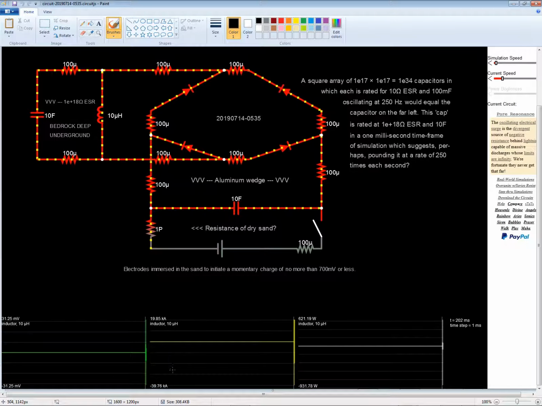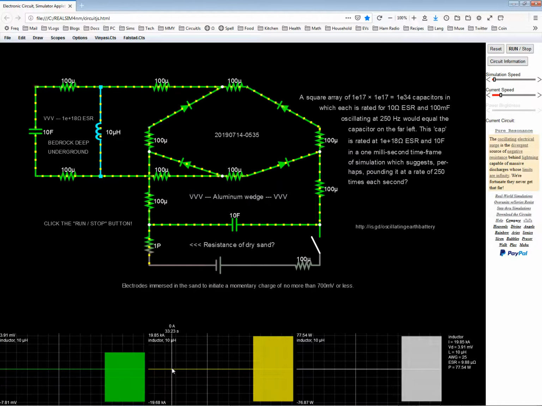But it used to be negative 39.76 kiloamps, and now it's negative 19.68. So it's coming more into balance in the amperage area, but the voltage has gone more out of balance, but it's reduced itself.